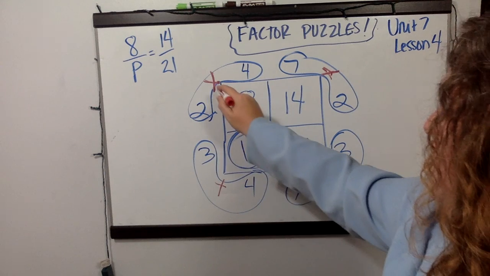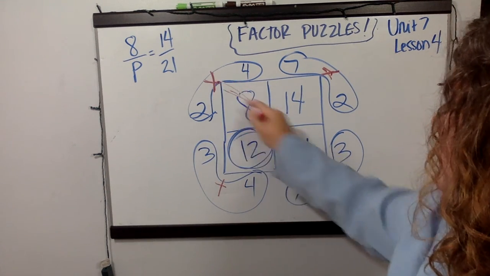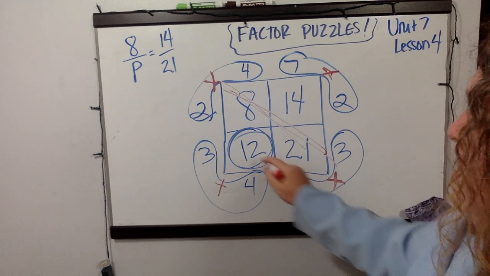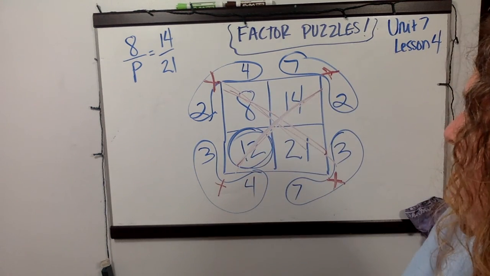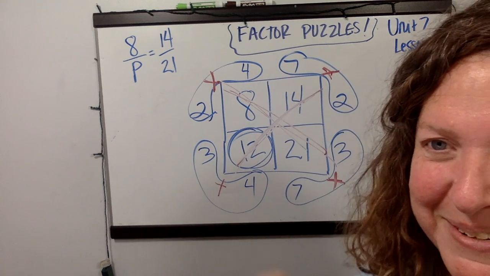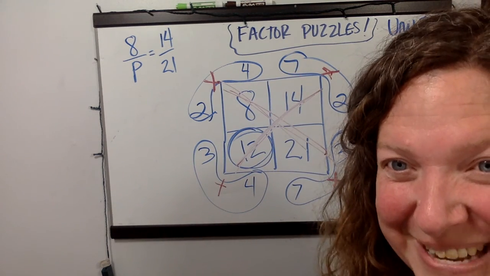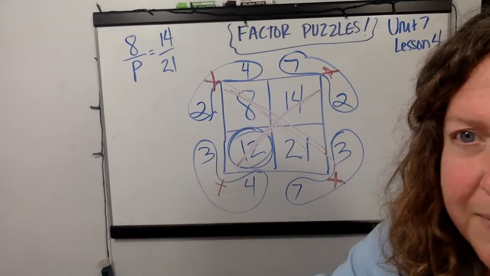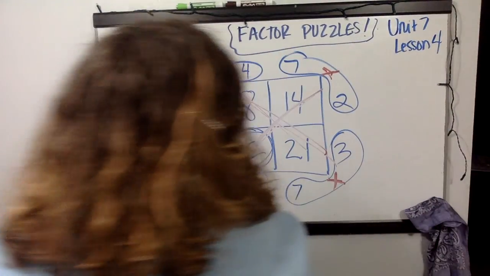Look at this. Going this way, we've got a 2, a 3, a 4, and a 7. Going this way, we've got a 2, a 3, a 4, and a 7. Did you ever notice that before? Let's see how we can use that. Here's what we're going to do.